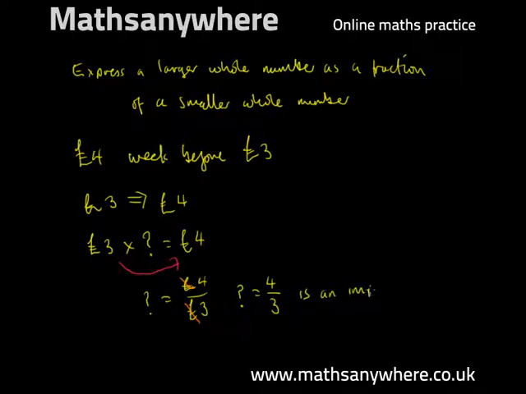And the reason it's an improper fraction is because the number on the top, the numerator, is larger than the denominator.